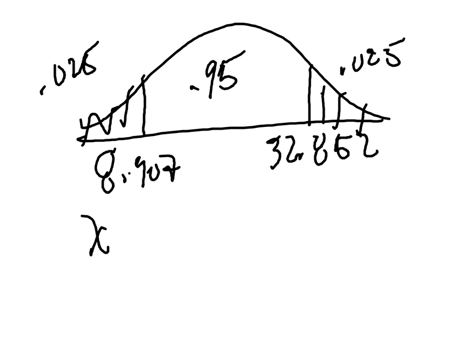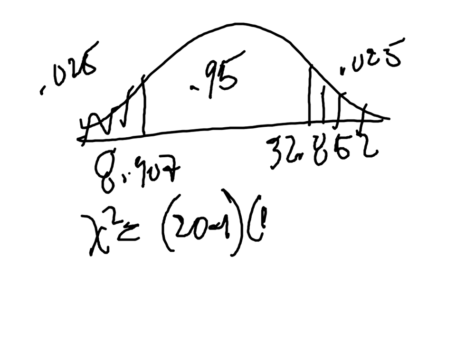Okay, we're finally ready to calculate the chi-squared value. So we had a sample size of 20, and we want degrees of freedom. Remember, our sample standard deviation was 1, but they square that in the formula, even though 1 squared is 1, because the formula calls for the sample variance squared.